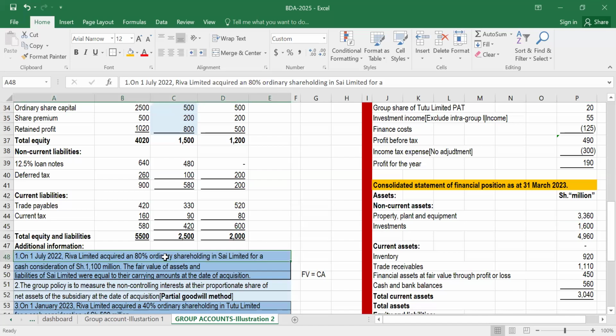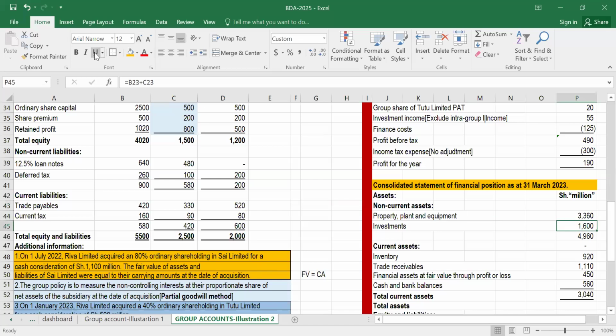Recall, in point number 1, our subsidiary, Z, revalued the asset, but we were told the fair value was equal to the carrying amount. There was no revaluation gain or loss. Equally here, we don't have any depreciation overcharge or undercharge. No adjustments as far as this is concerned.